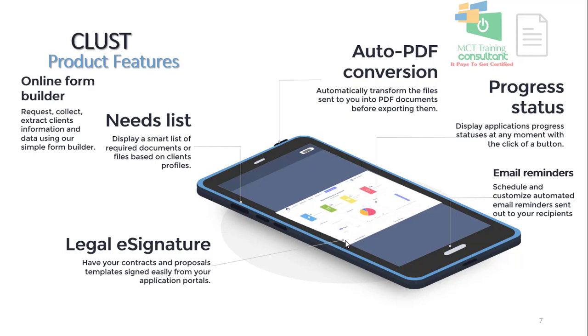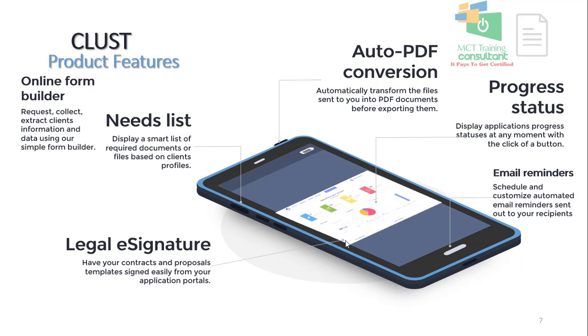It also comes with progress status, meaning if people submit an application and it was accepted, they could easily log into that application process, and there will be a button where they will be able to see the status of the applications they've submitted. And it also comes with email reminders.